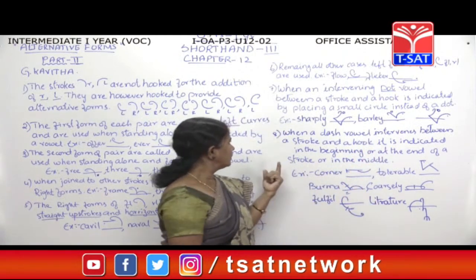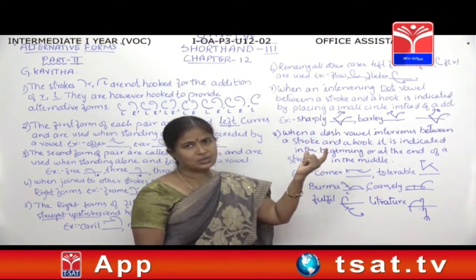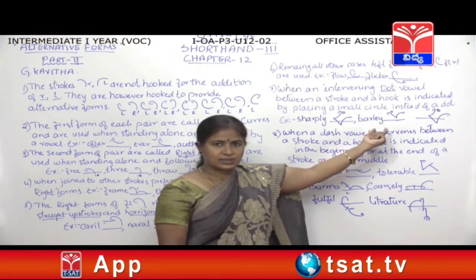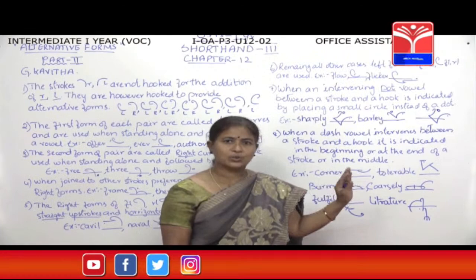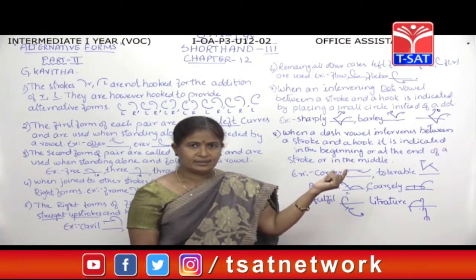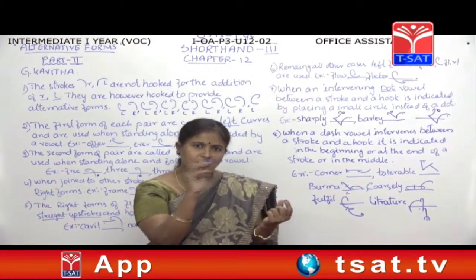Okay? Now, when a dash vowel occurs in between a stroke and a hook, dot vowels వచ్చినప్పుడు small circle place చేస్తాము. Either first place కానీ third place కానీ. Okay? Second place almost ఉండదు. Okay? And dash vowels occur either first place or second place or third place. We just intersect the vowel.